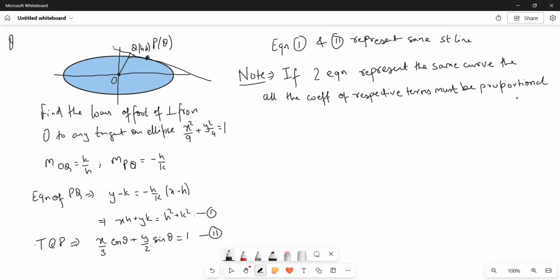I think we should have discussed this in straight lines once. If two equations represent the same curve, then all the coefficients of the respective terms must be proportional.